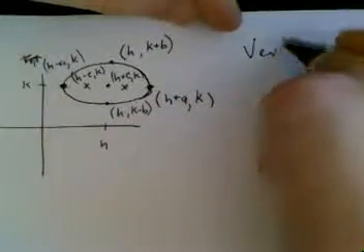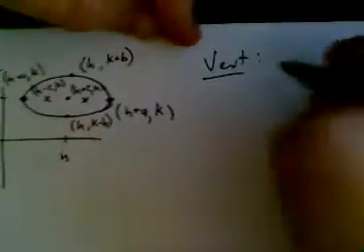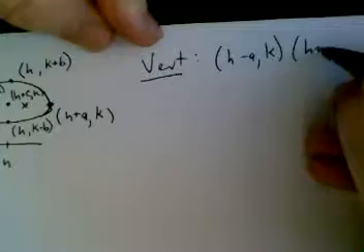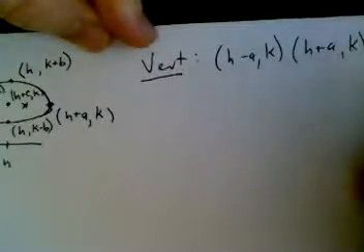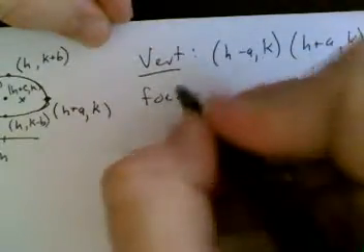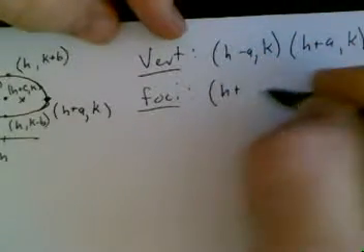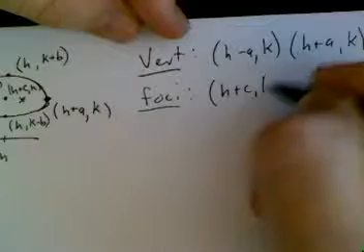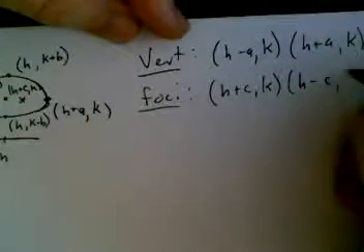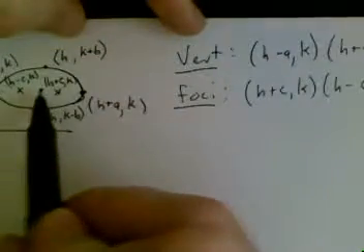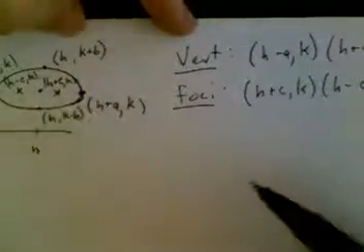We have the vertices. The vertices are going to be h minus a, comma k, and h plus a, comma k. The foci are going to be h plus c, comma k, and h minus c, comma k. Okay, now, it's a matter of knowing what the c value is, knowing what the a value is as well.